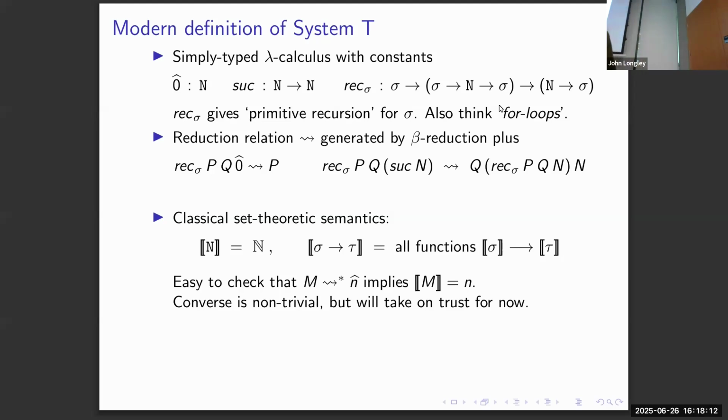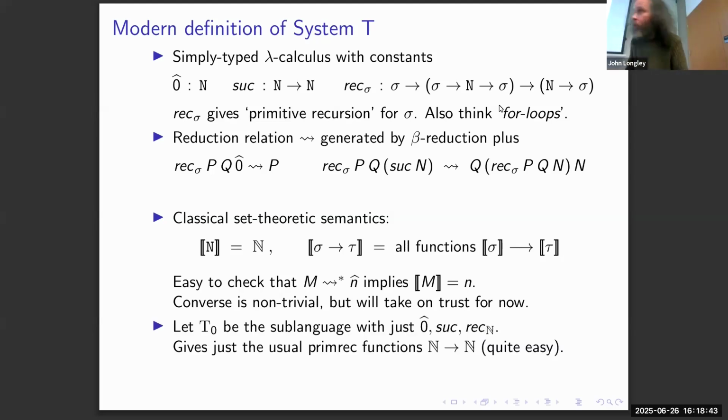So it's quite easy to check that the denotational semantics is sound for the operational semantics, in the sense that if m reduces to a numeral n, and this just abbreviates the n-fold successor of 0, then m denotes n. The converse of that is true, but definitely not trivial. We'll come to that, but just for now, to get the big picture, we'll take this on trust.